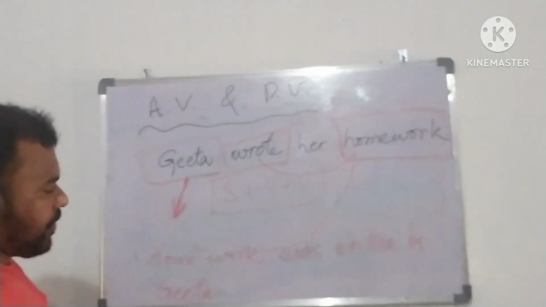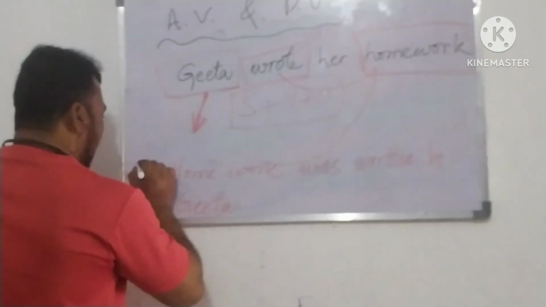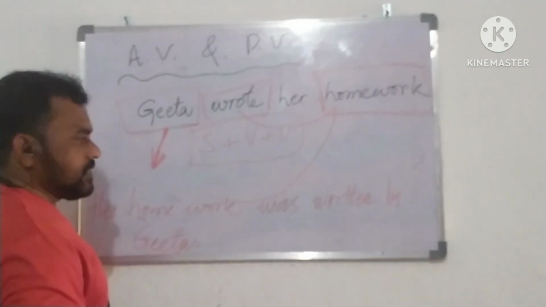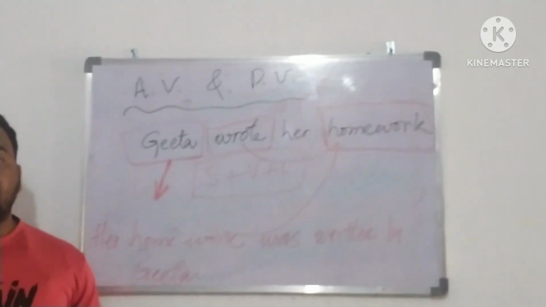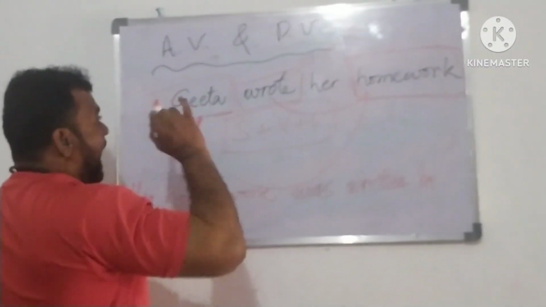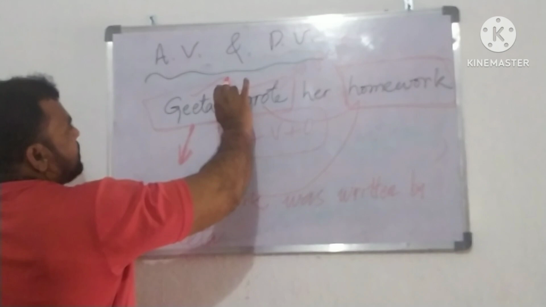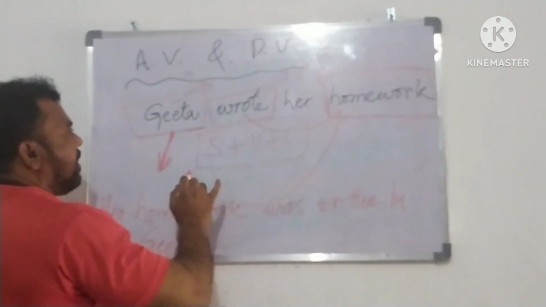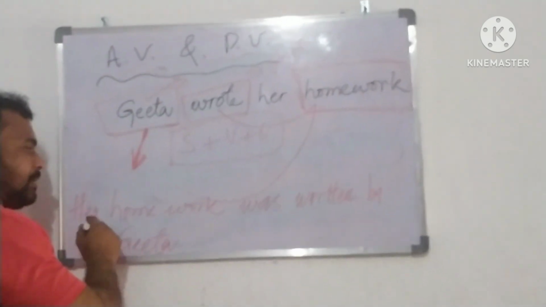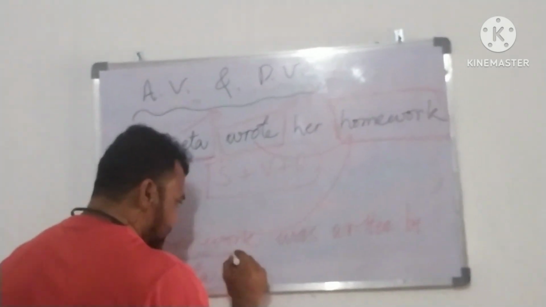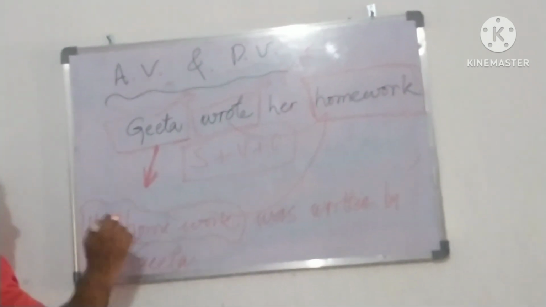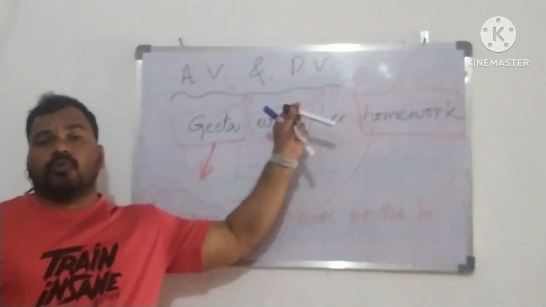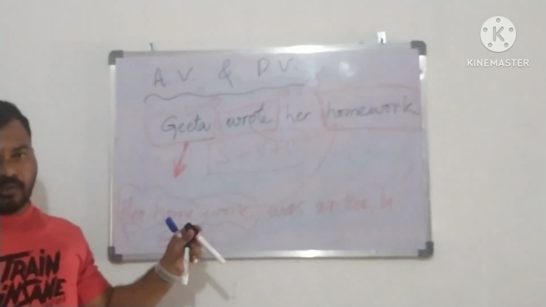Homework was written by Geeta, or else we can say, her homework was written by Geeta. Now you see, as we give a lot of importance to the subject in active voice, here we give the importance to the object, but not the subject, because the object in the active voice has become the subject in the passive voice.